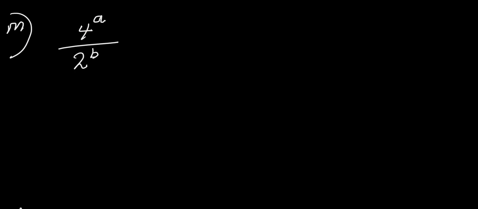So question M, we have 4 exponent A over 2 exponent B. So the first task is to change 4 to 2 exponent 2.